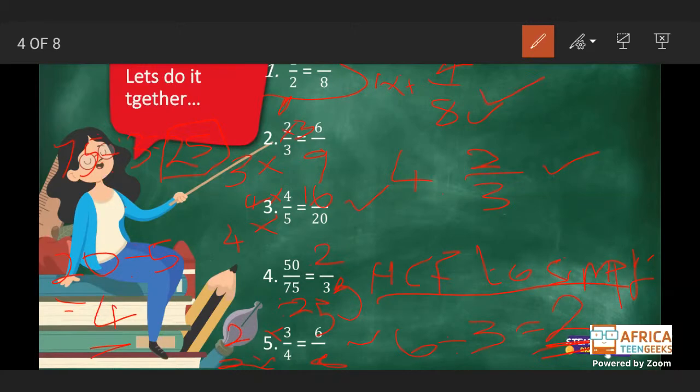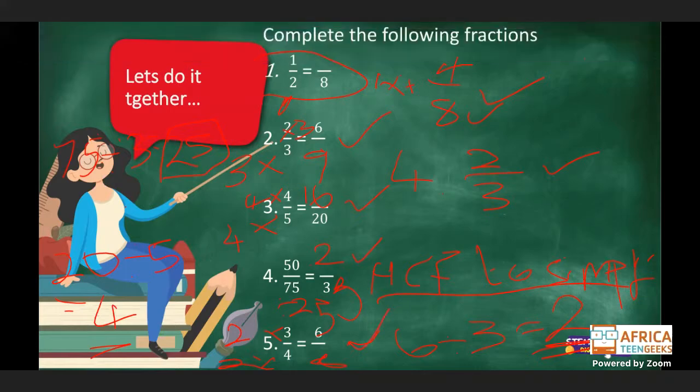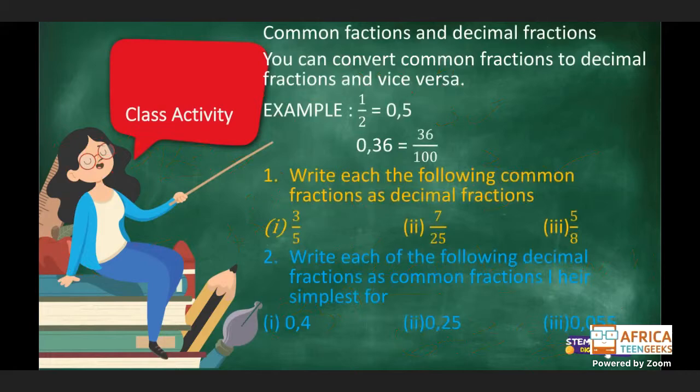Answer for number 2, 6 over 9, correct. Answer for number 3, 16 over 20. And answer for number 4 is 2 over 3. And answer for number 5 is 6 over 8, which is correct. Right, so I hope you guys understand, because it's not really that difficult, honestly.